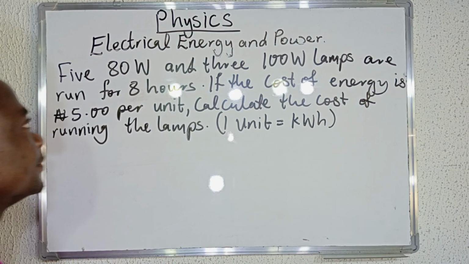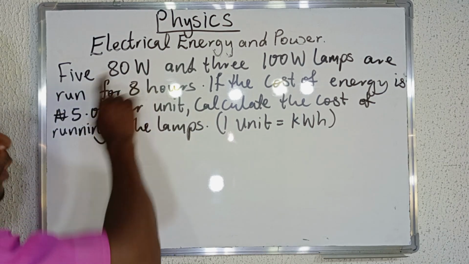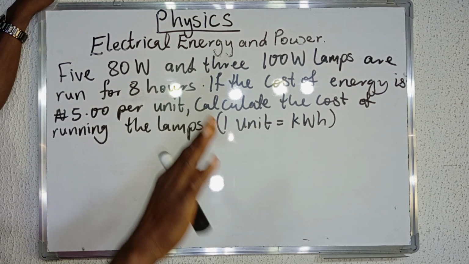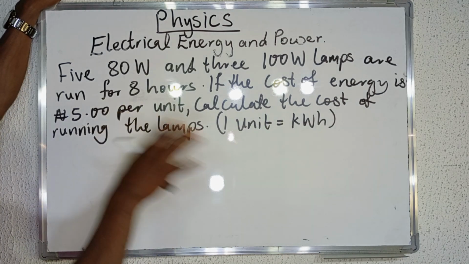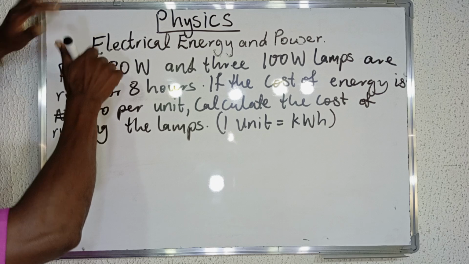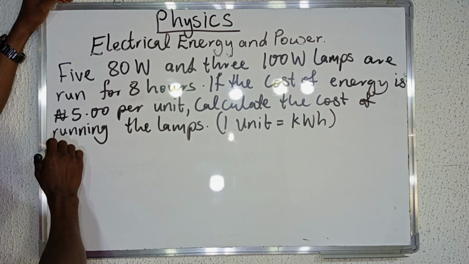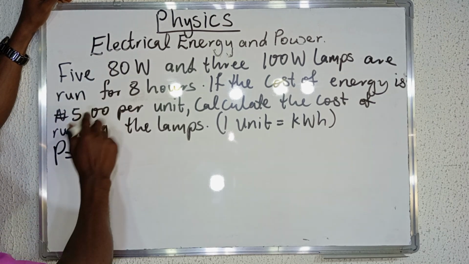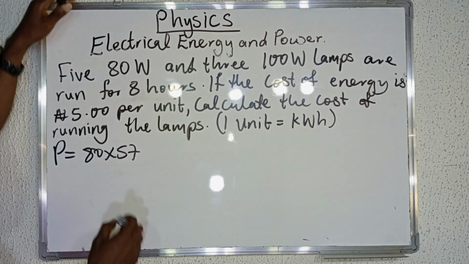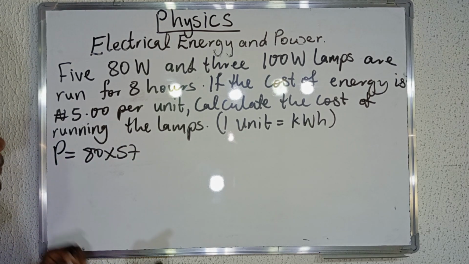Look at this question now. This person doesn't have many appliances, but just a circuit with 80 watts times 5 plus 300 watts.